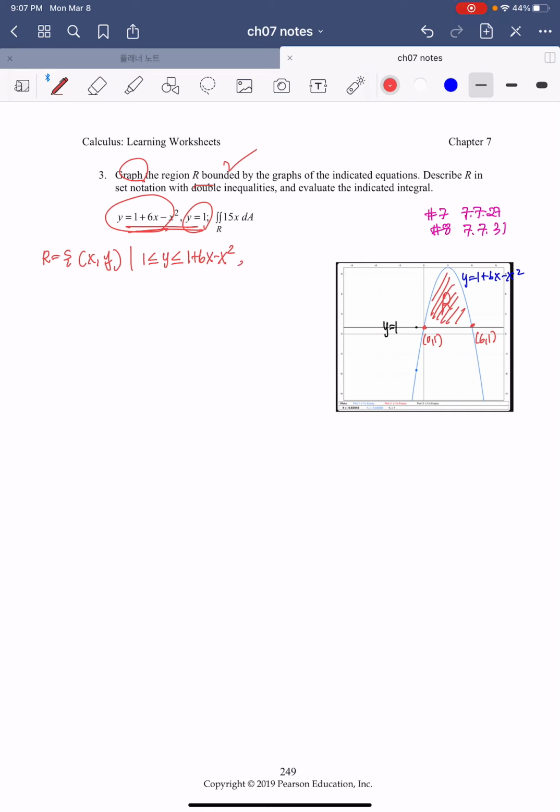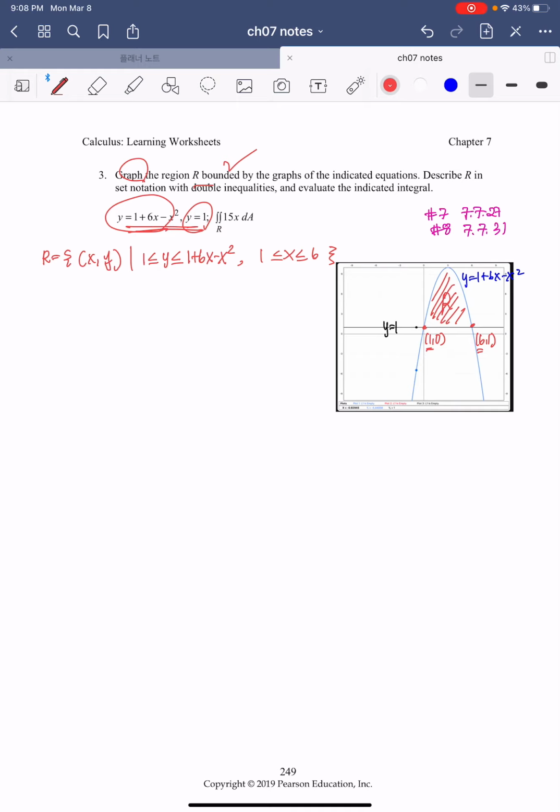Now for the x value, sorry, my mistake. When I wrote it in the notes, I mixed up the points. It was (0, 1) and (6, 1). Right? So x goes from 0 to 6. There you go. So that will be my R defined.